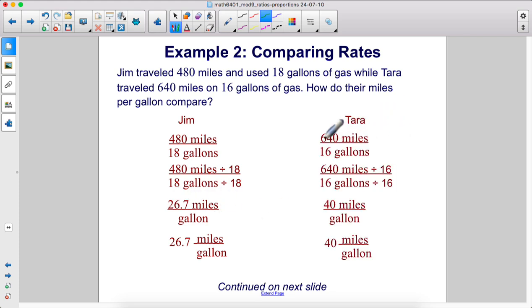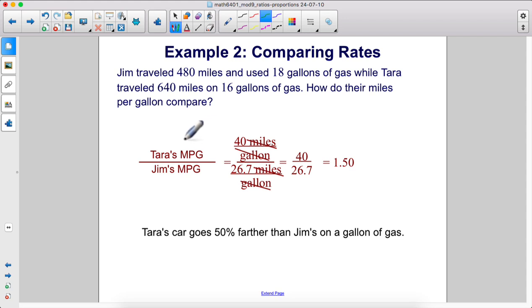Tara had 640 miles per 16 gallons. Then we're going to divide top and bottom by 16 so that we get per 1 gallon. When we do that, we get 40 miles per gallon. Then, to compare the rates, we divide Tara's rate by Jim's rate. You can divide either one by the other, it doesn't matter.